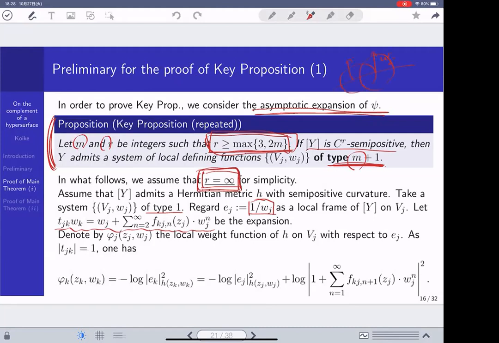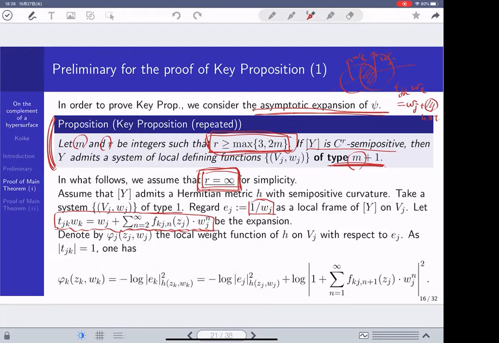And a system of type 1 always exists because the normal bundle is unitary flat. So it is Tjk Wk equal to Wj plus something, I mean higher order terms. What I wrote here is just declaring what the higher order term is.